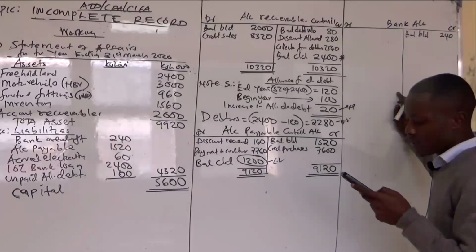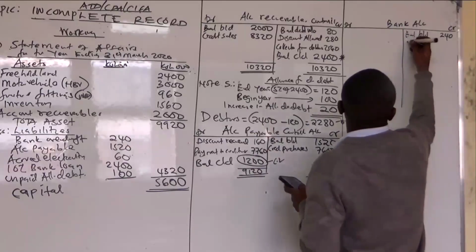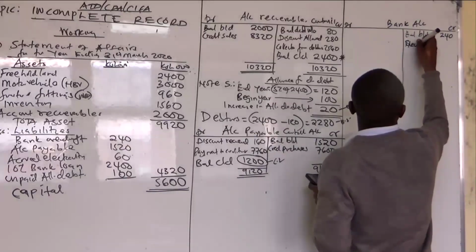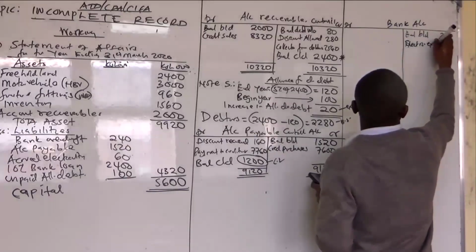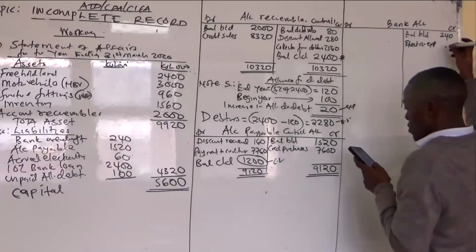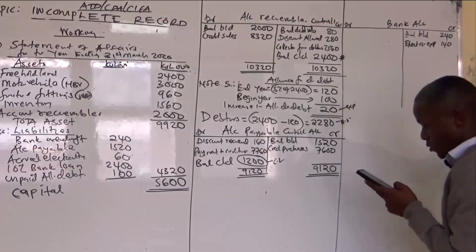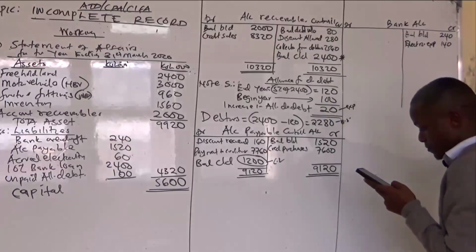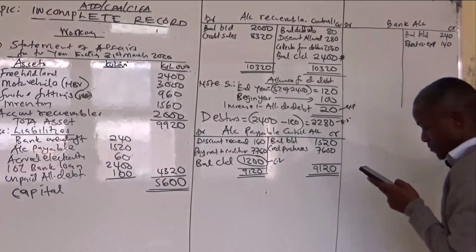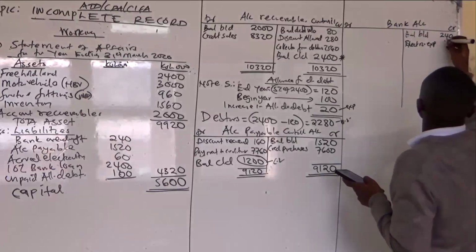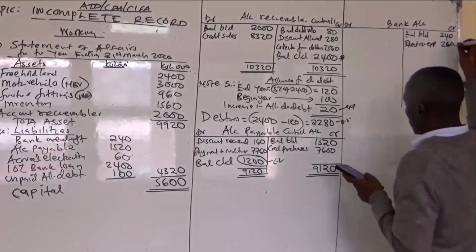Kuna electricity expense. Hiyo ni payment. Electric expense ni how much? 140, yeah? Kuna nini tena? General. Electricity ni 260. Tuko na nini tena?